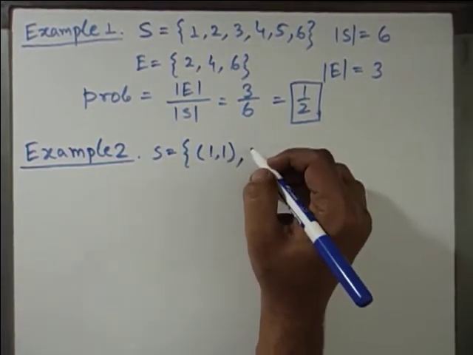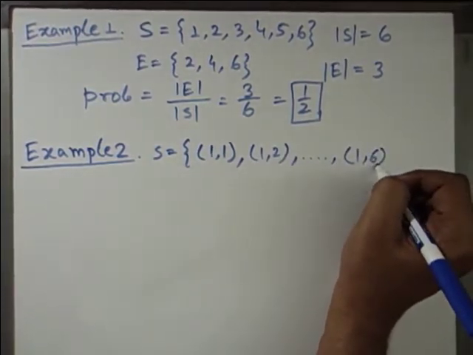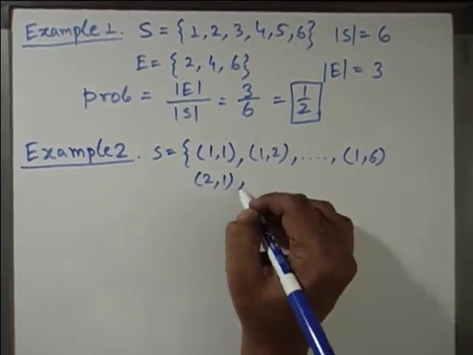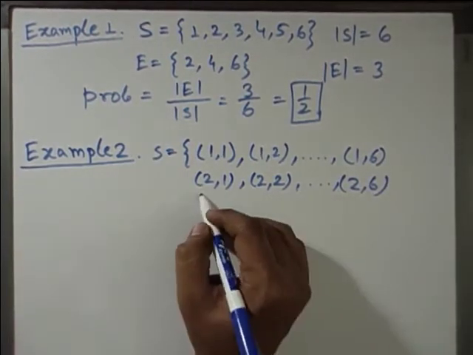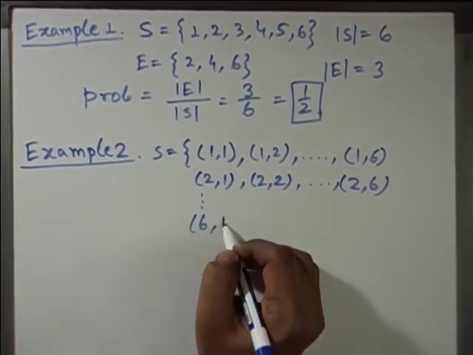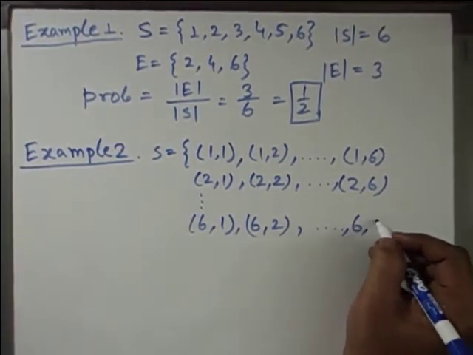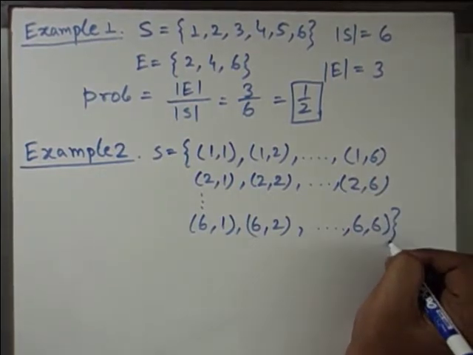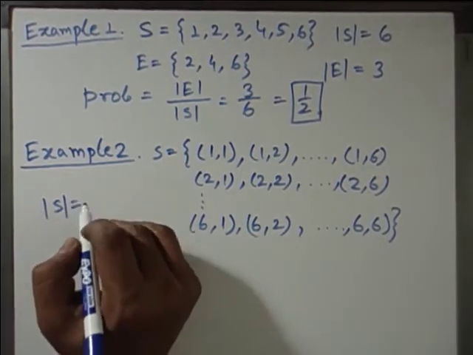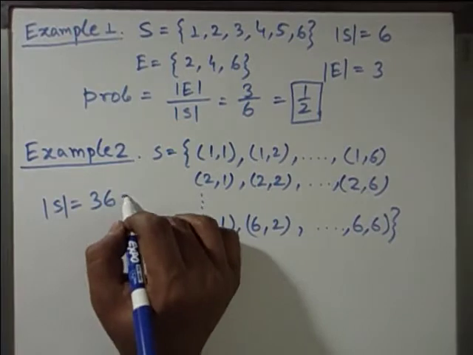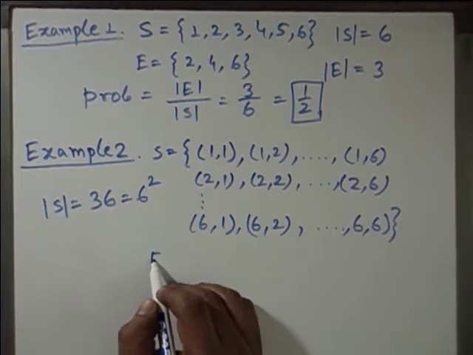We know that it can be 1 1, 1 2, 1 3, up to 1 6, 2 1, 2 2, up to 2 6, 3 1, 3 2, up to 6 1, 6 2 to 6 6. So that's our sample space. The size of the sample space is 36 or 6 squared.